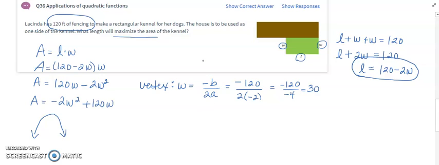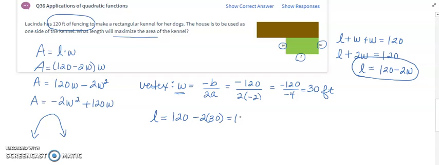Now, it didn't ask us to find what the maximum area was. It asked us to find what length will give us the maximum area. Well, this tells us that the width of 30 feet will give us the maximum area. So to figure out what the length is at that point, we plug into the relationship we just found for L, which is 120 minus 2 times W, but W is 30.